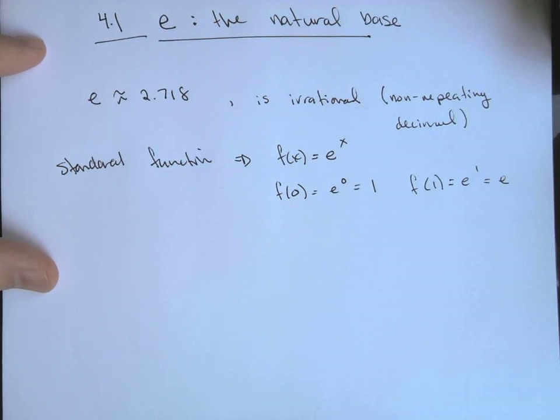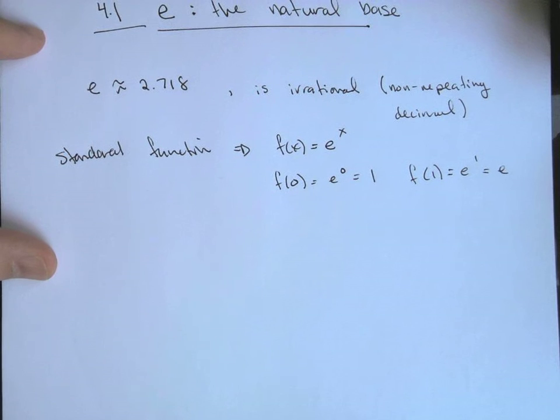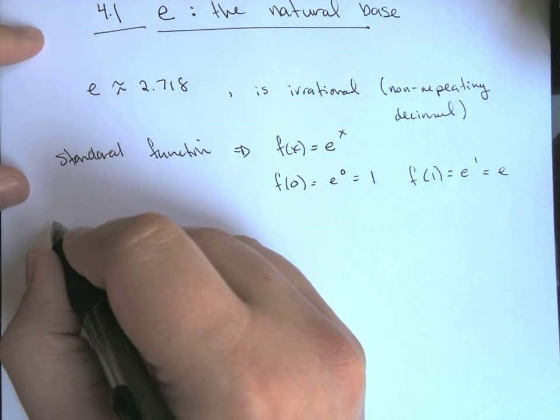If you raise it to the negative 1, you'll get 1 over 2.7-ish, something a little less than 1/2, and so on. E squared is going to be somewhere between 4 and 9. The important thing here is not so much identifying all of these points as precisely as possible, just that we get the general flow.